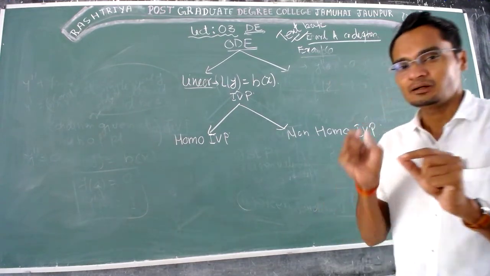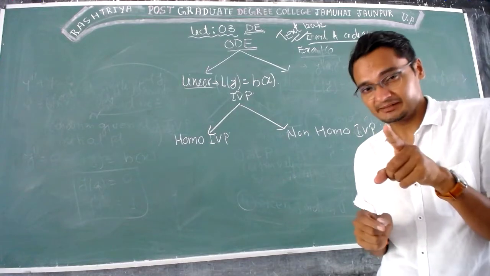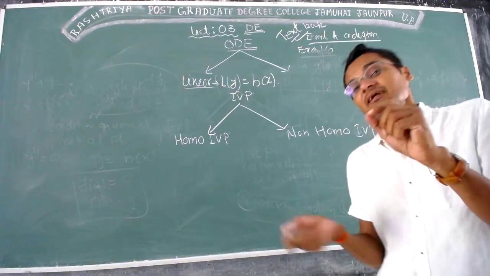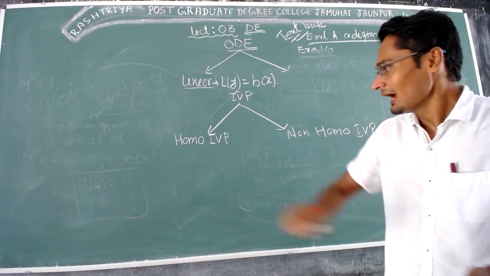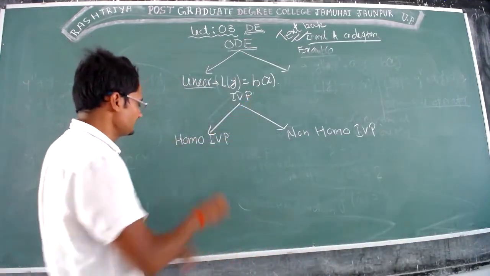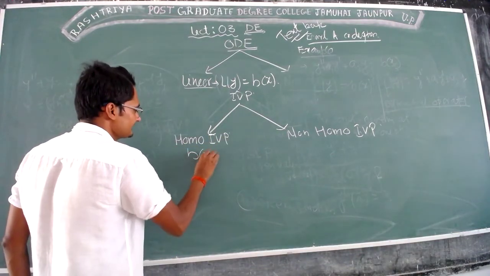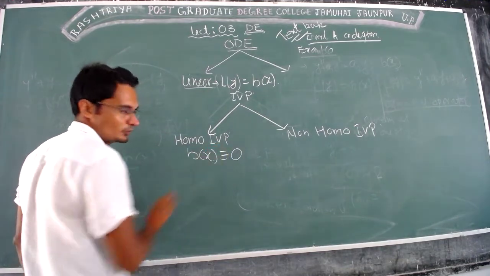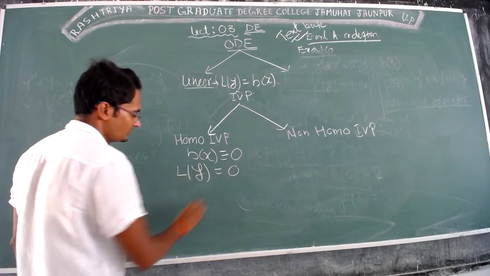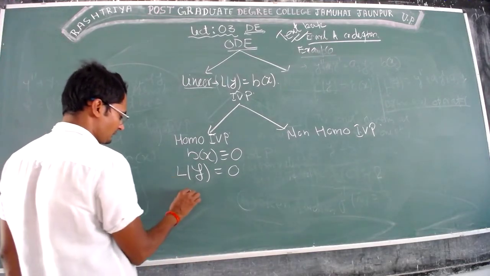I had written the differential equation, and it was in y. I had given the differential equation with an initial condition, and the condition was again given for y. Homogeneous means homogeneous in y, then this should be 0. Homogeneous means here Bx should be 0, meaning Ly is equal to 0 plus some conditions will be given.